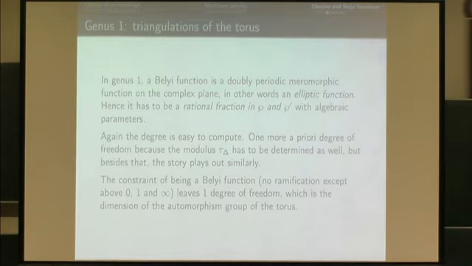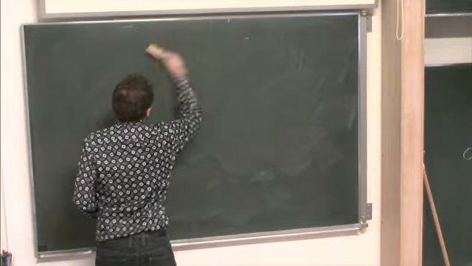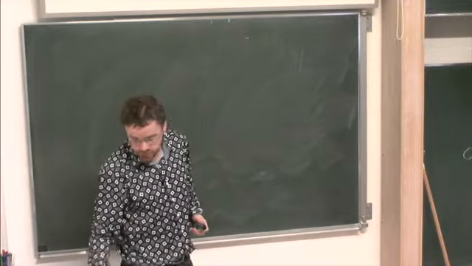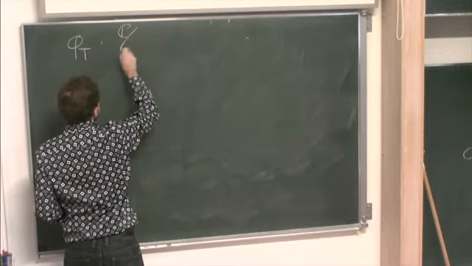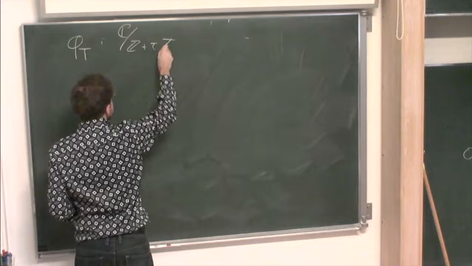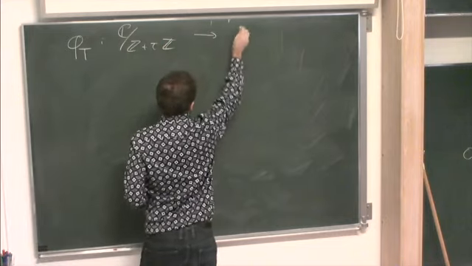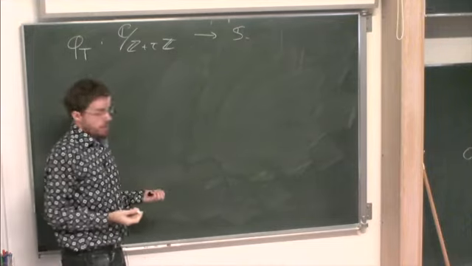Okay, what do you do in genus 1? Well, in genus 1, you need to read even more things about complex analysis, but mostly what you're looking for is some function phi which goes from the torus to the Riemann sphere.